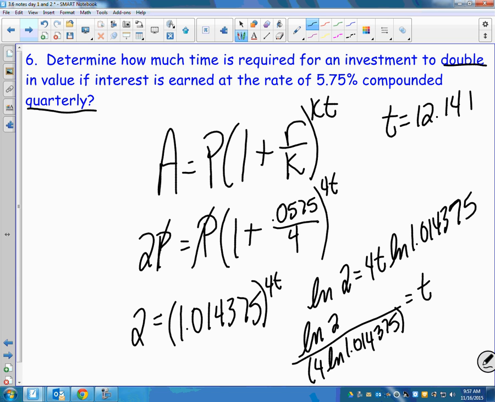So I'm going to say that this is 12 years, and although 0.141 years is not 3 months, it only compounds quarterly. Does that make sense? So you have to say the next time it compounds would be at 12 years, 3 months. Like, that's 1.692 months. But it doesn't compound at 2 months. It only compounds at 3 months, 6 months, 9 months, 12 months. Yes?